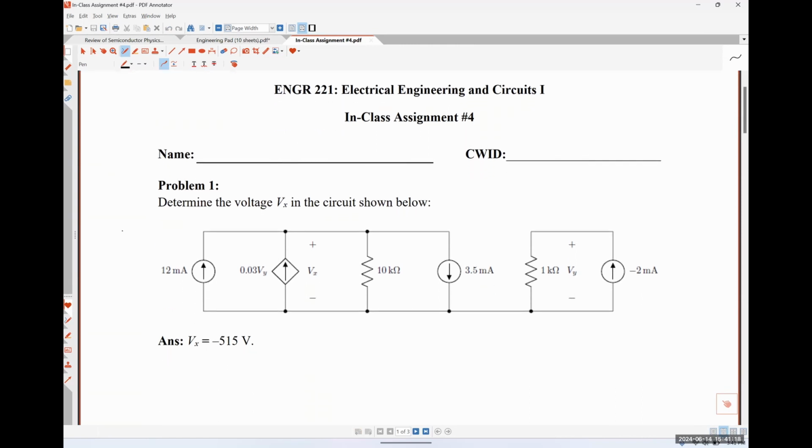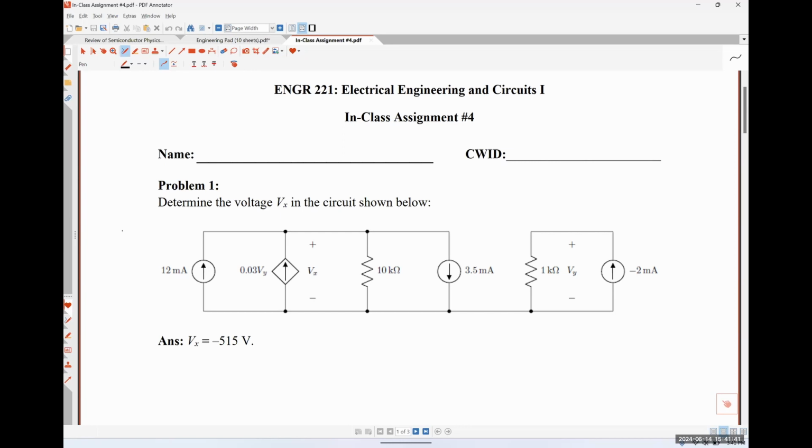All right, so we have this circuit here, and our ultimate goal is to find the voltage Vx. On the left-hand side, we have a network where we have several things that are in parallel, including 3 current sources.